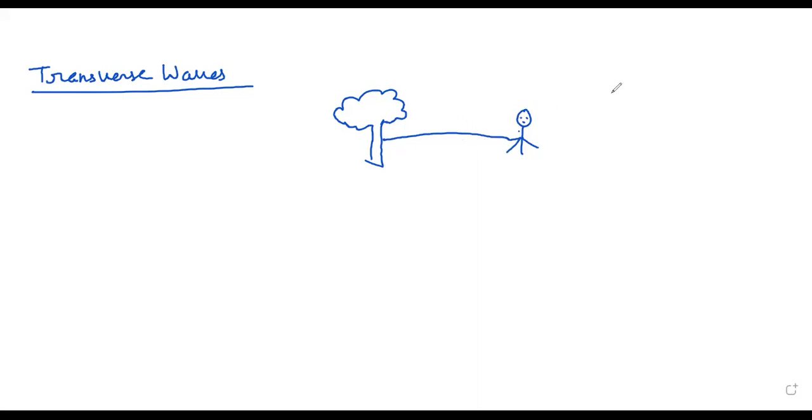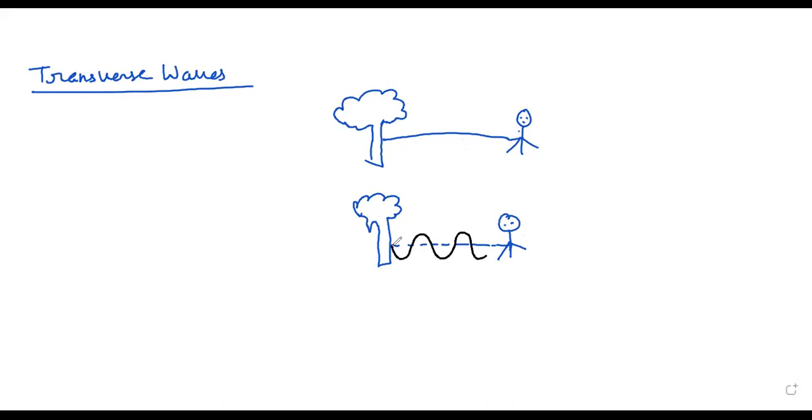In the next phase, what does he do? He just gives a jerk to that. So what will happen when he gives a jerk? Earlier the position of the rope was with a dotted line. When he gave a jerk, this kind of wave will be generated.